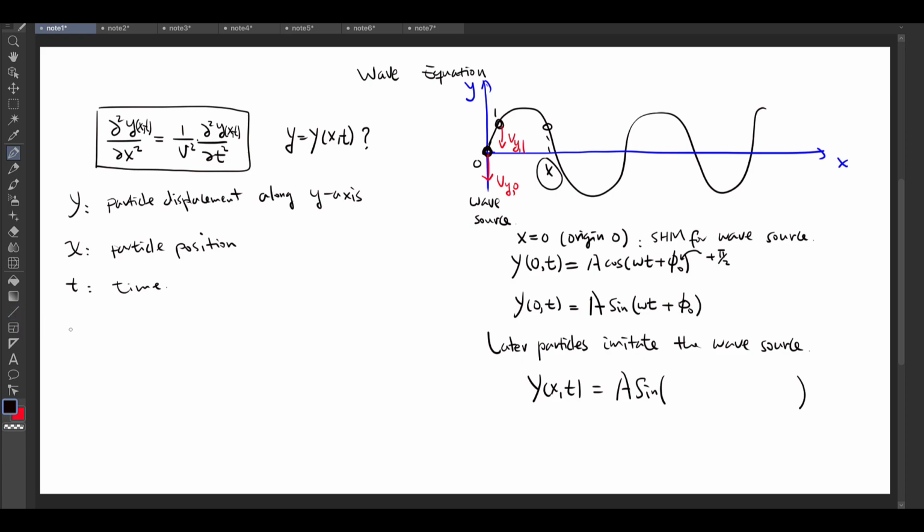So first, we know this simple harmonic motion has a periodicity, capital T, in the time direction. And to capture this periodicity in time, we define a quantity called omega, which is 2 pi over T, and we call that the angular frequency.